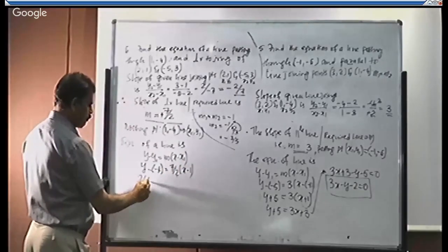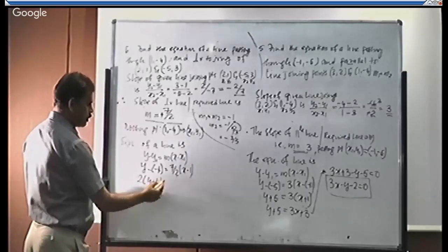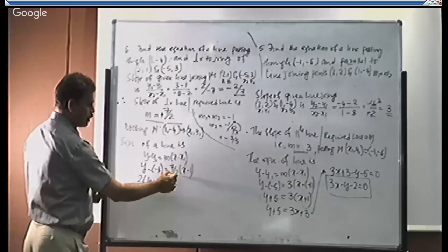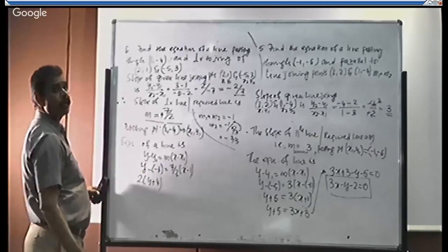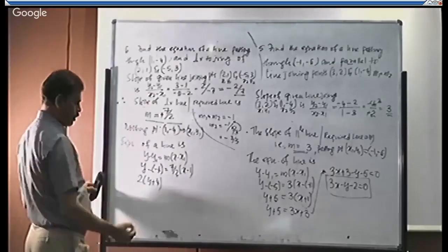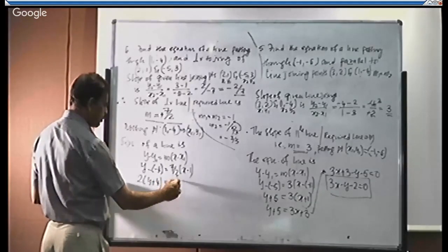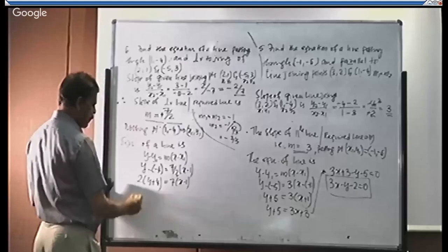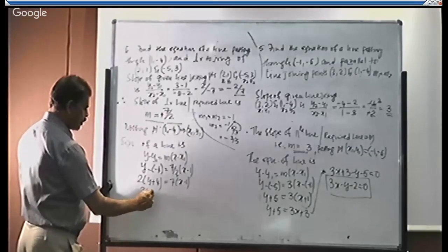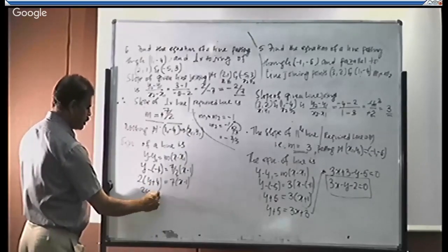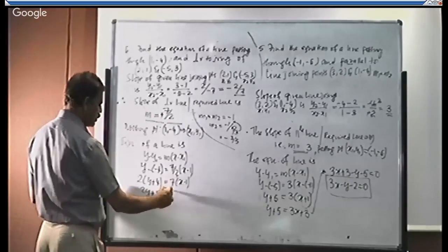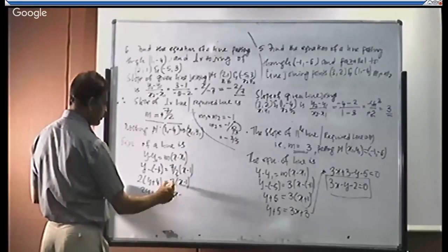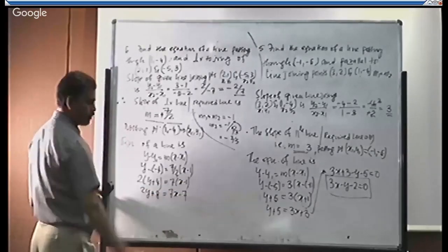2 into (y + 4), right? This 2 is at the denominator. When it is taken to the other side, it goes to the numerator. 2(y + 4) is equal to 7 into (x - 1). 2y plus 4 into 2 is 8, is equal to 7x minus 1 into 7 is 7.